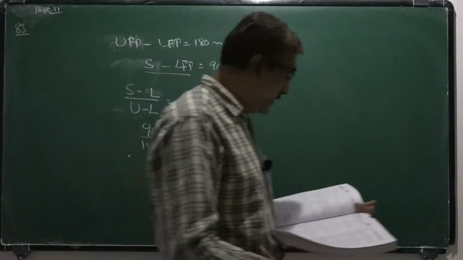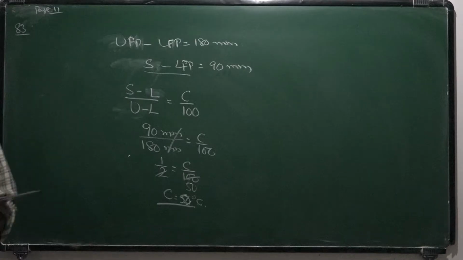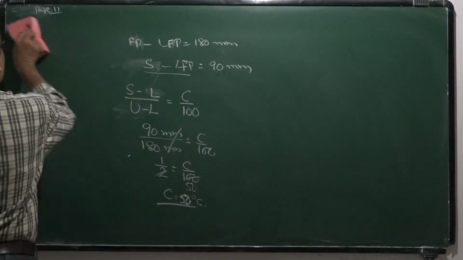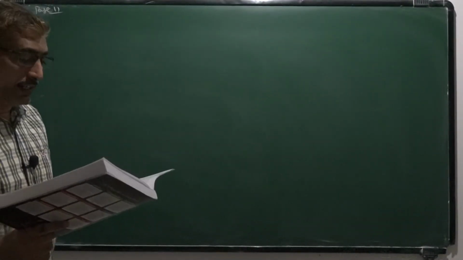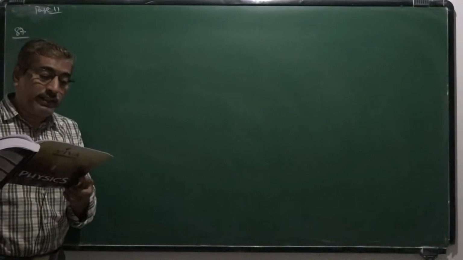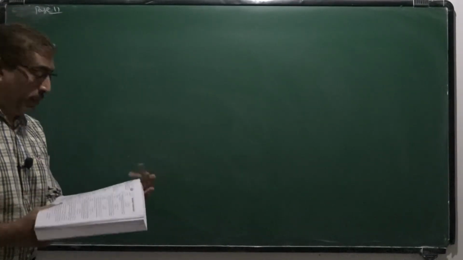Okay, next one, problem 87. A faulty thermometer reads 5 degree in melting ice and 99 degree in dry steam. Find the correct temperature on the Fahrenheit scale if this faulty thermometer reads 52 degrees centigrade.